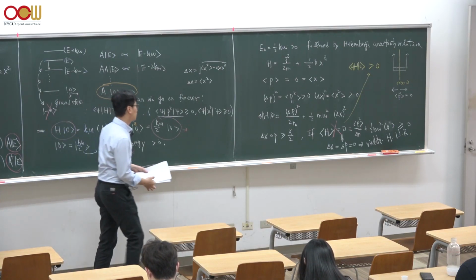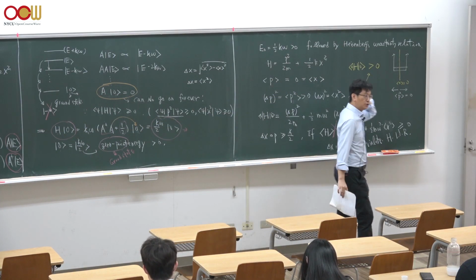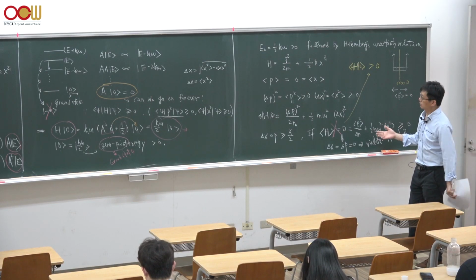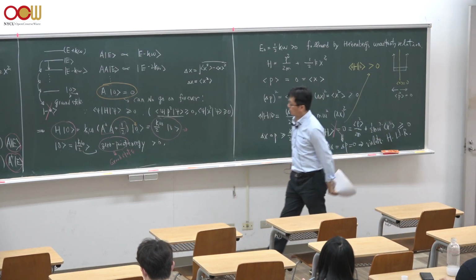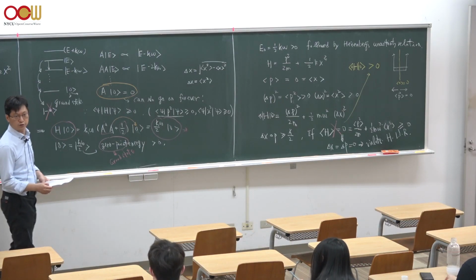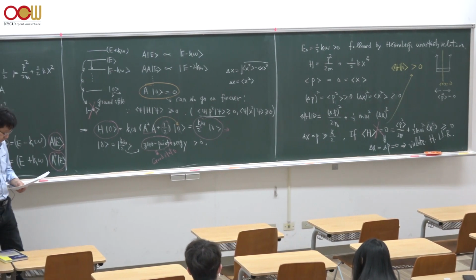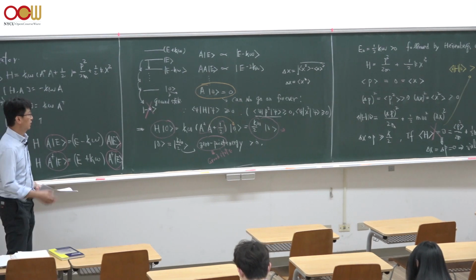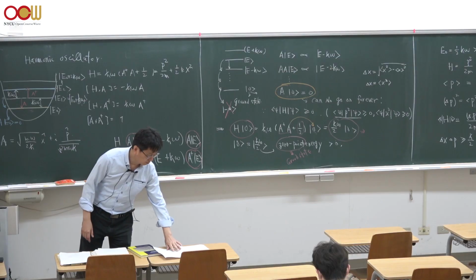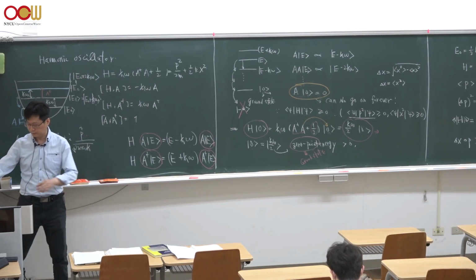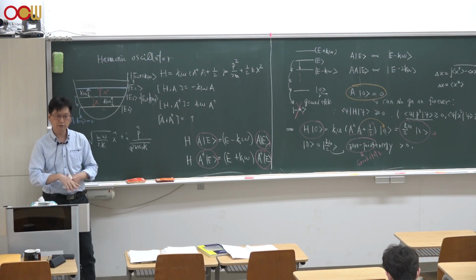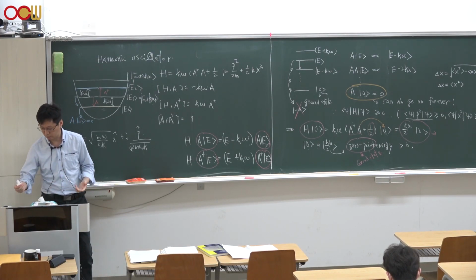It does not show that this 0 point energy is 1/2 h bar omega, but at least it is consistent with the fact that 1/2 h bar omega is a positive value, and the ground state is a positive energy state. Okay, so everything is done by this operator method. We don't do it by brute force, but we get everything we need to know. Okay, so this is the power of the operator method in quantum mechanics.